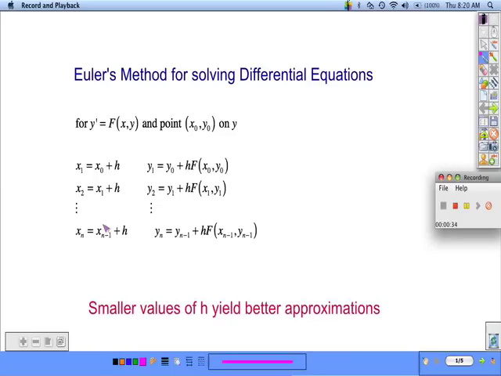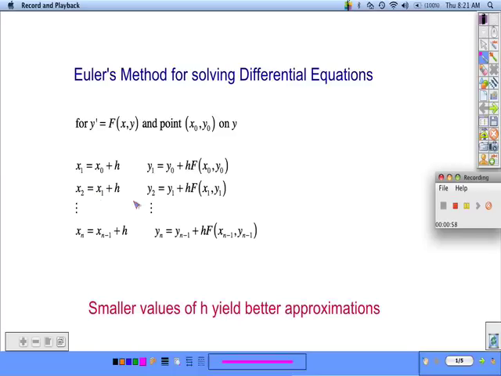And we start out by taking steps by h on the x value. For smaller values of h, we get better approximations for our graph. So we start with some x0 value and we add on h to get the next x value, and then we add h to that to get the next x value. And we're taking little steps along the way.